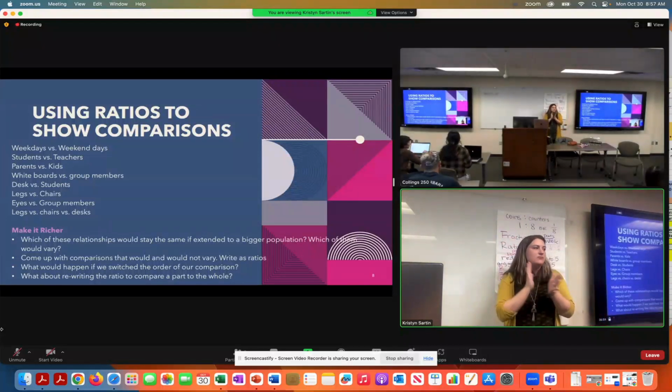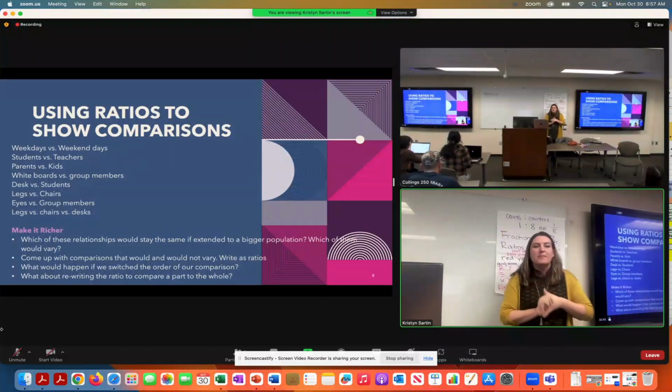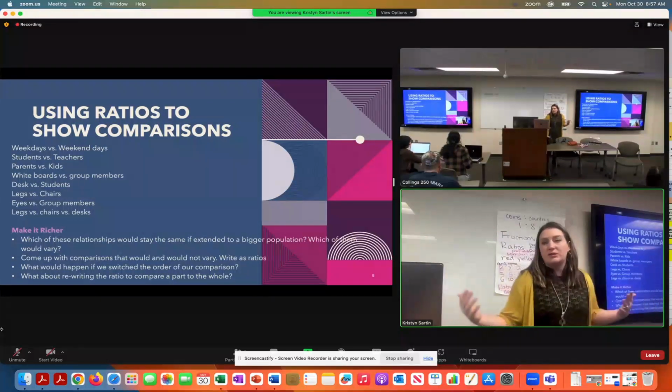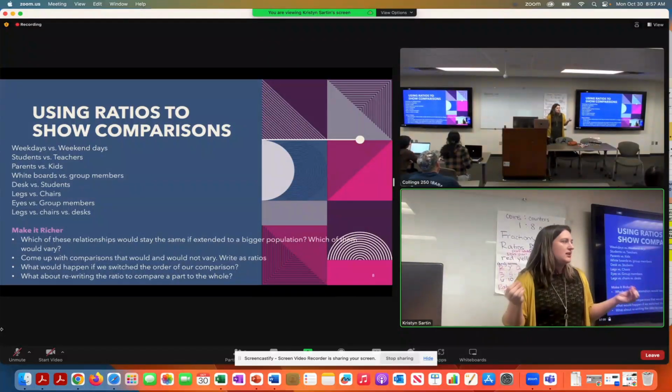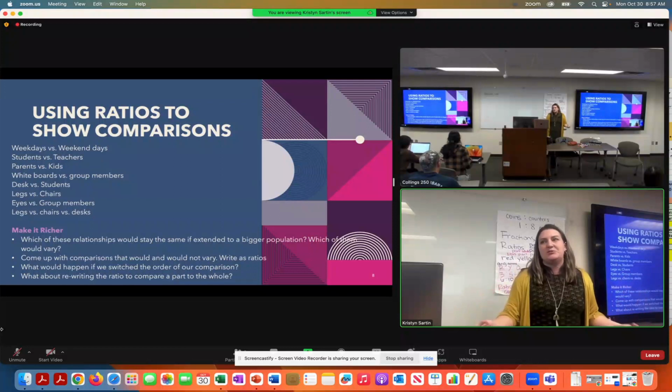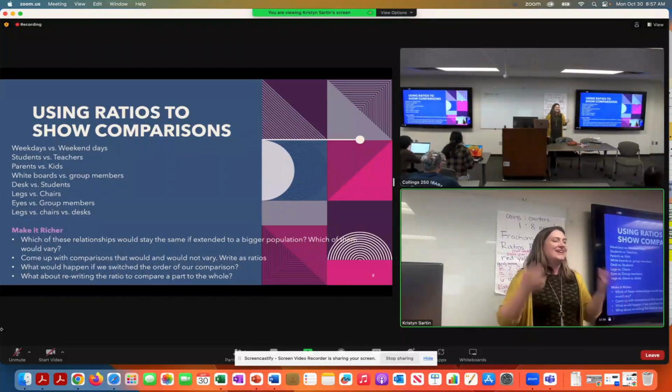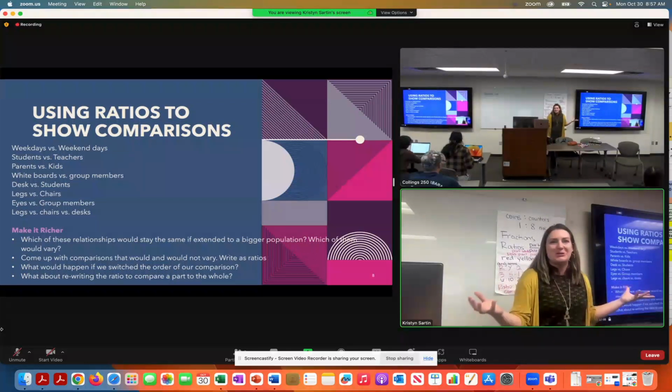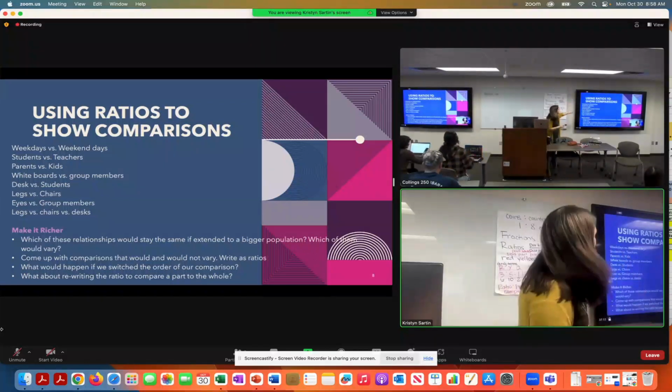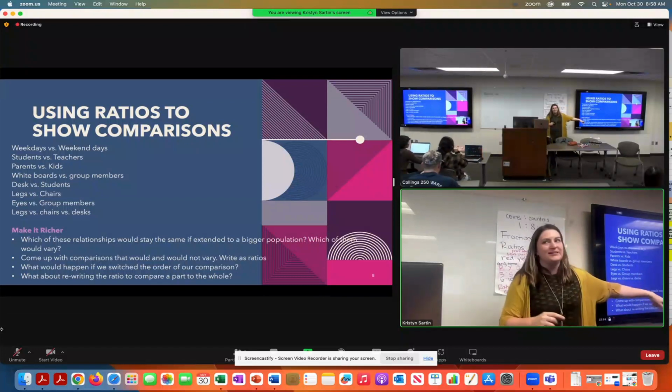Okay, so real world connections. What could we use ratios to represent that's immediately visible to us right now? That's where I'd like to start. Where can I see ratios around me? So come up with something. I've got a list here. Okay.